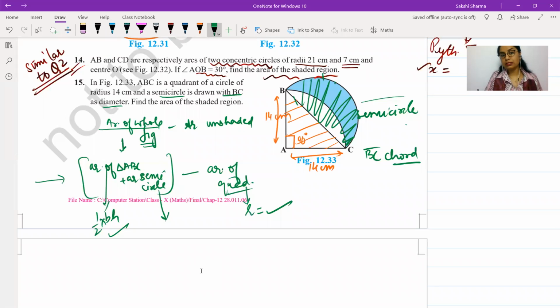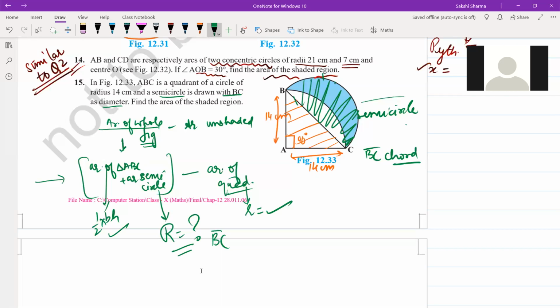But for the semicircle, the one which has BC as the diameter, do we have the radius? We do not have the radius of the green semicircle. To find its radius, you will have to find BC.